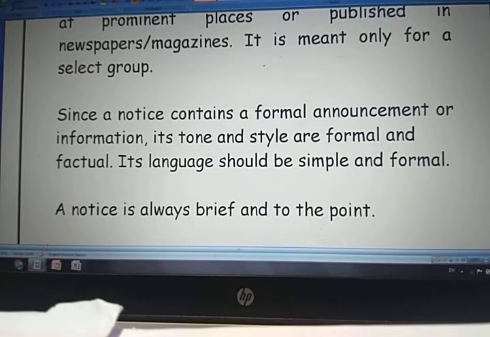And always remember one more point also. These notices should be pointed and brief up to the topic only. You should not go away from the topic. Unnecessary words you should eliminate.